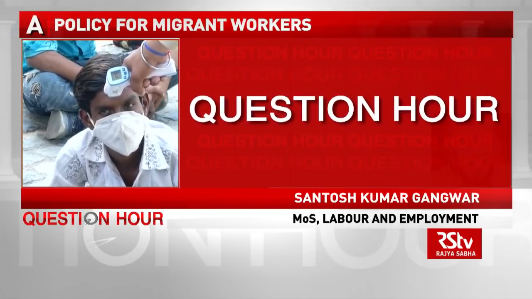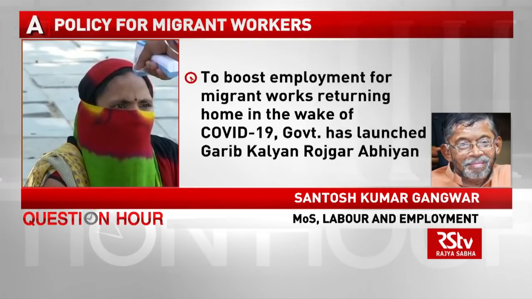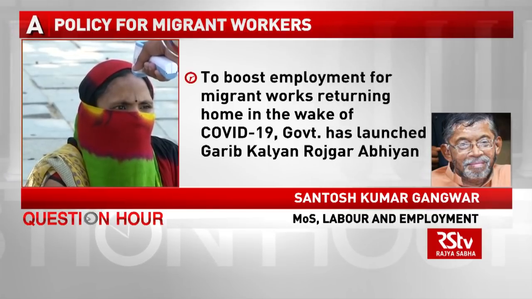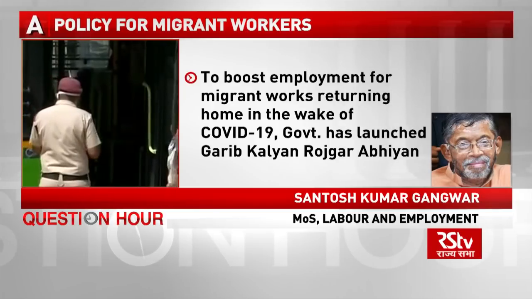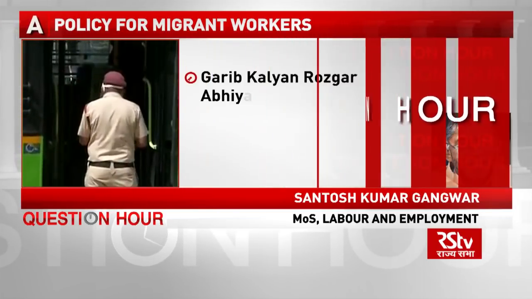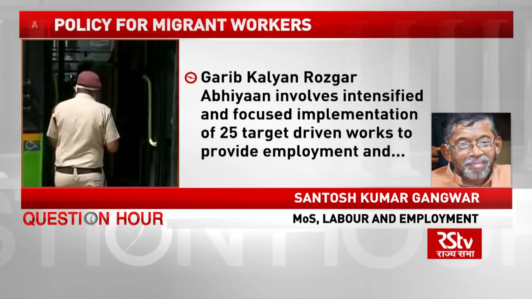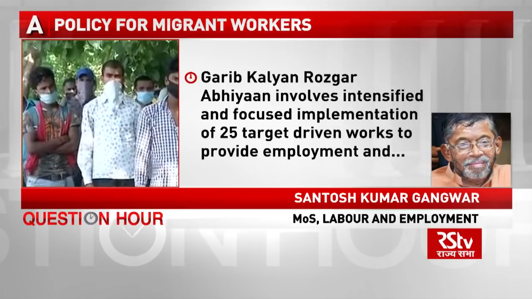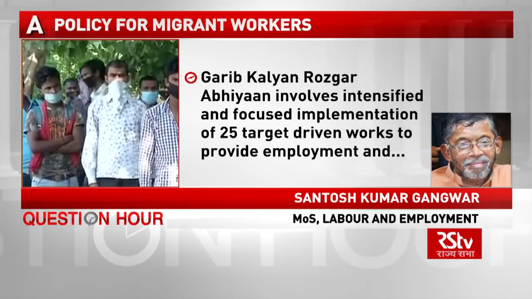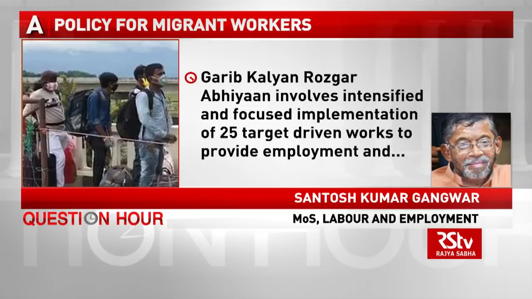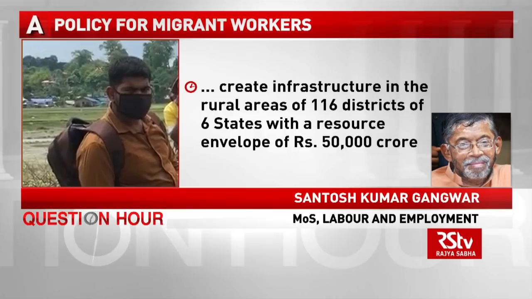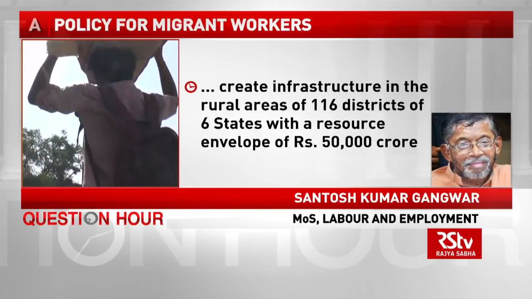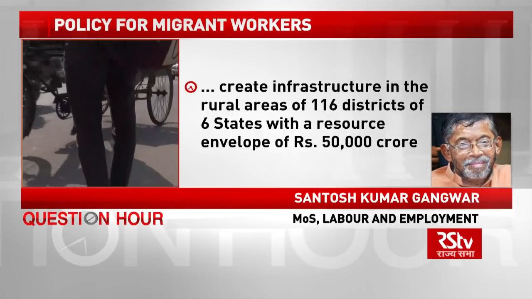To boost employment and livelihood opportunities for migrant workers returning to villages in the wake of the COVID-19 outbreak, the Government of India had launched Garib Kalyan Rozgar Abhiyan on 20th of June 2020. The Garib Kalyan Rozgar Abhiyan involves intensified and focused implementation of 25 target-driven works to provide employment and create infrastructure in rural areas of 116 districts of 6 states with a resource envelope of 50,000 crore.